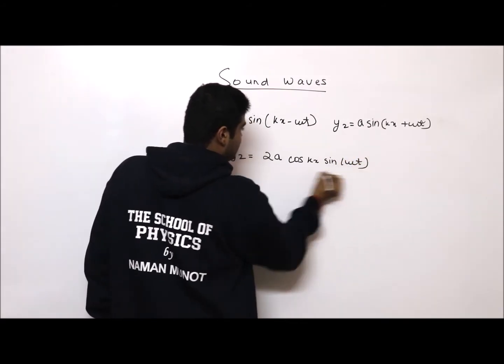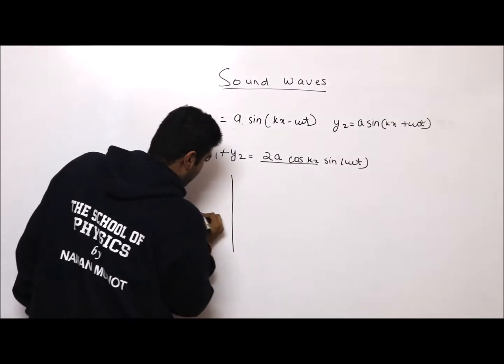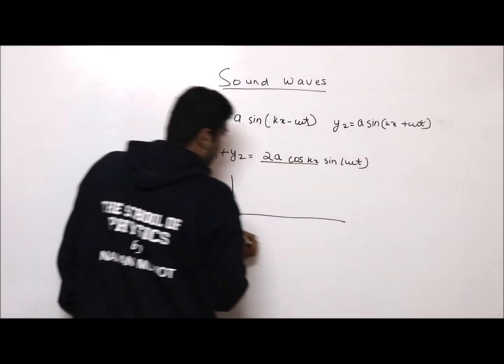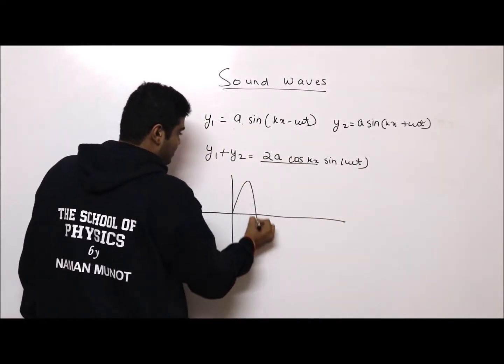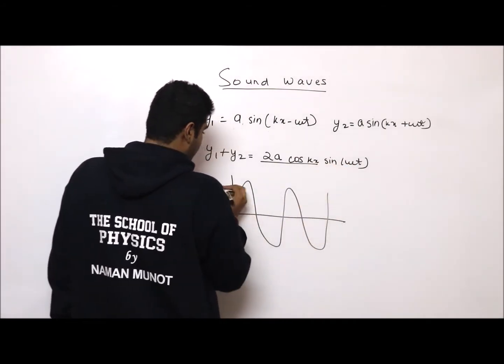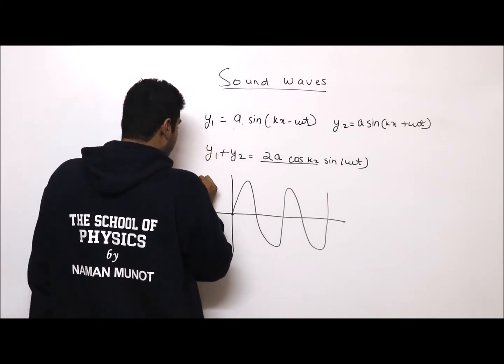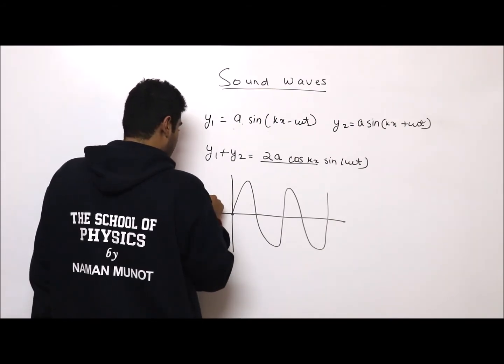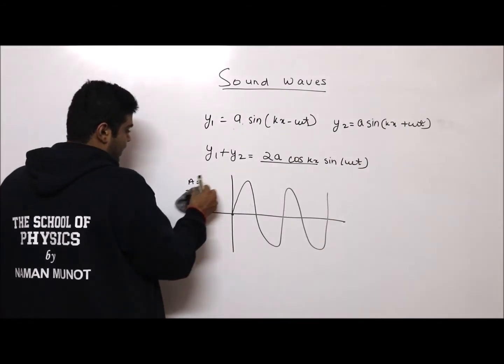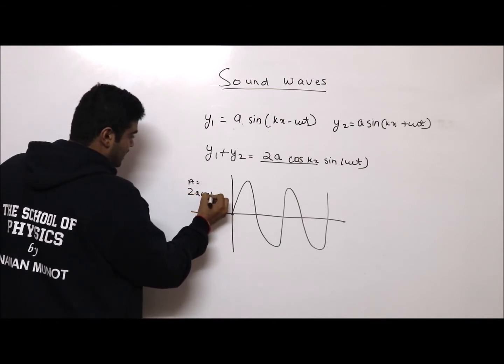As we can see, this 2a cos kx makes the amplitude, and then it is also a sine equation. So the amplitude equals 2a cos of kx.